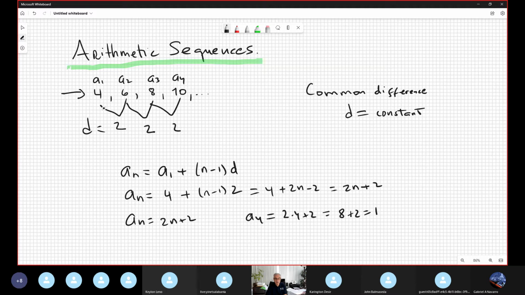Do you see it matching perfectly? And so on. If I need to find A500, plugging in 500 here, 500 times 2 is 1000 plus 2, 1002. Okay, this is the formula. This is the most important formula in the arithmetic sequence.